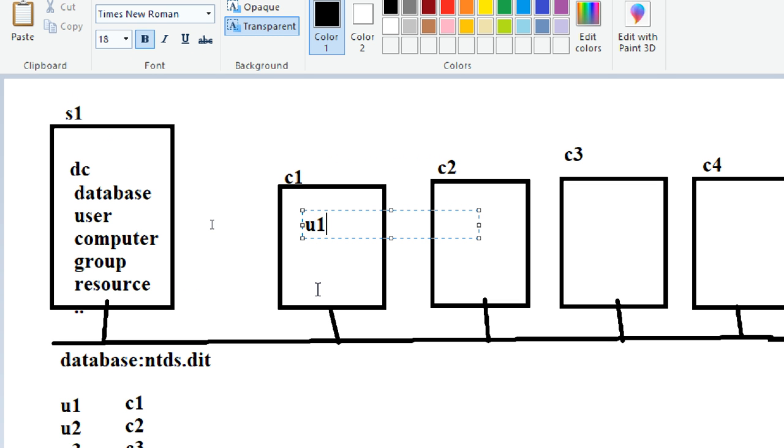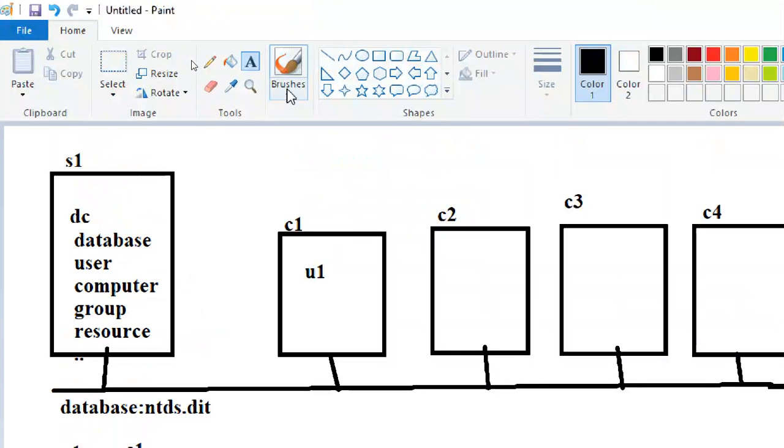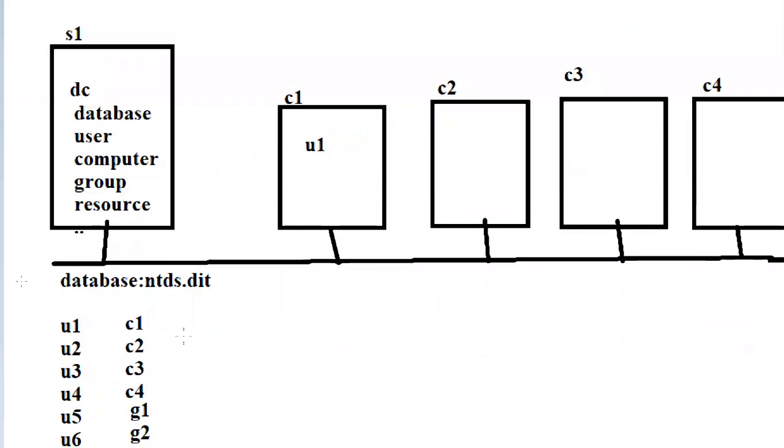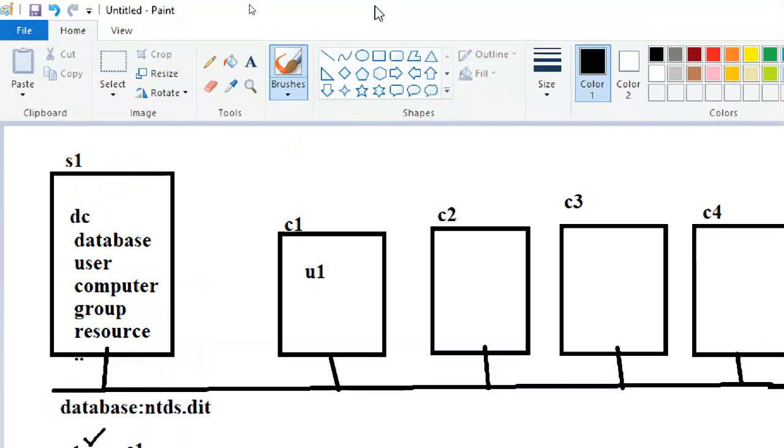But here I created user 1 on my server, in the domain database, and I gave a password there only. So where is user 1's information stored? It is stored in the database only.